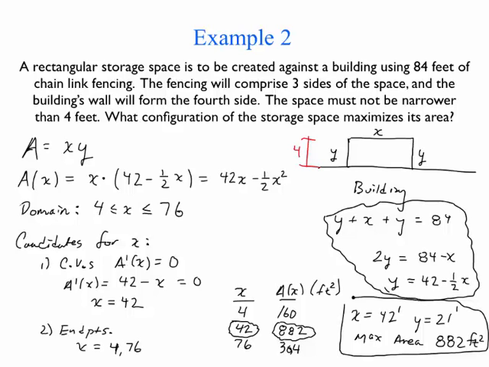How do we get the minimum area? How would we configure this to get the minimum area? The real long wide one or the real tall skinny one? Is it the real long and wide one that gives us the minimum, or the one that's real tall and skinny sticking off the building?